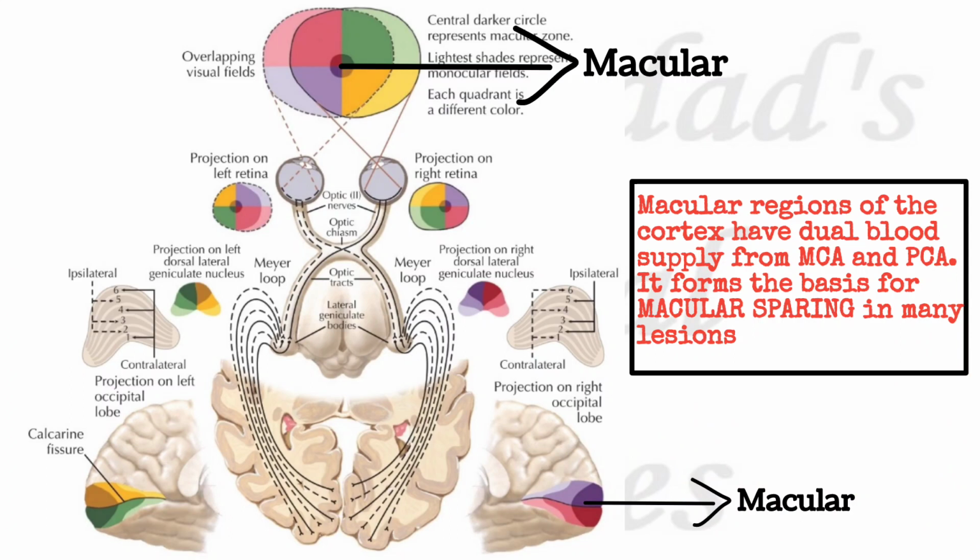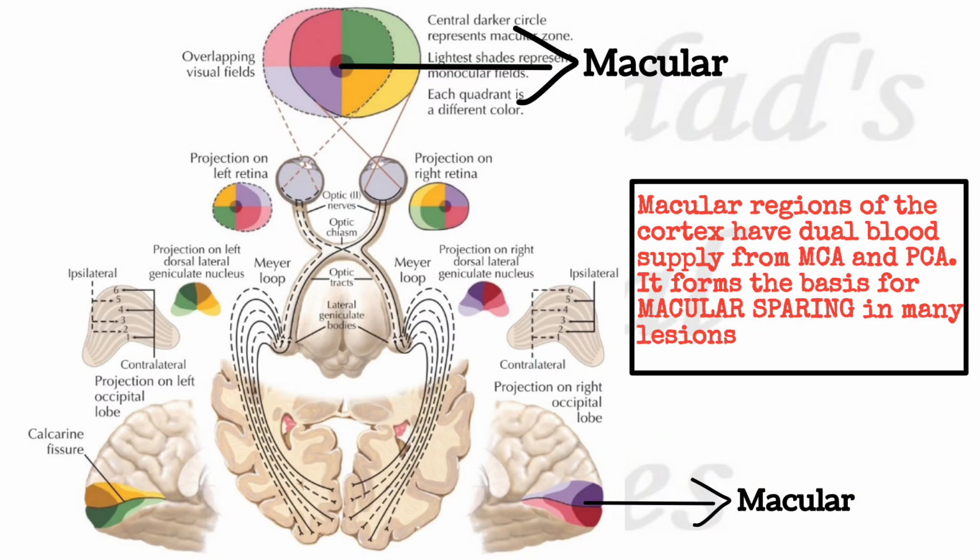In such cases, the person's vision in the peripheral area is lost due to the resulting infarct, whereas the vision in the center of the visual field, or macular zone, is preserved. This phenomenon is called macular sparing.